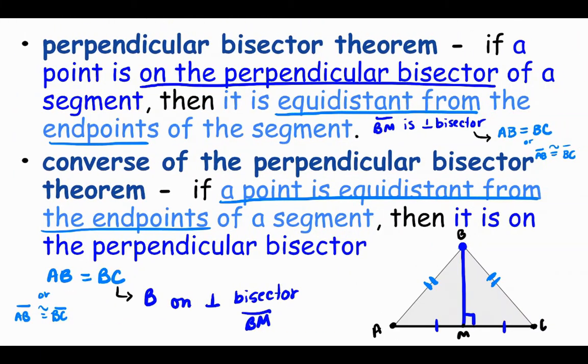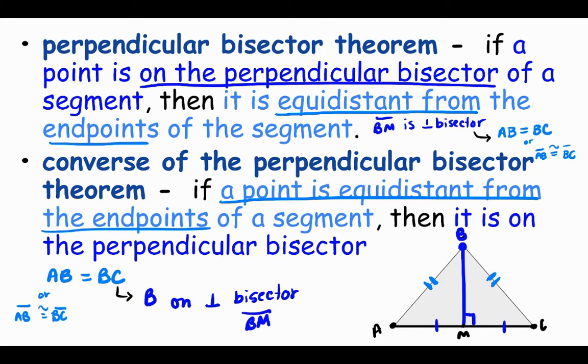Our perpendicular bisector theorem: if a point is on the perpendicular bisector of a segment, then it is going to be equidistant from the endpoints. So in our diagram, our point B happens to be on the perpendicular bisector.